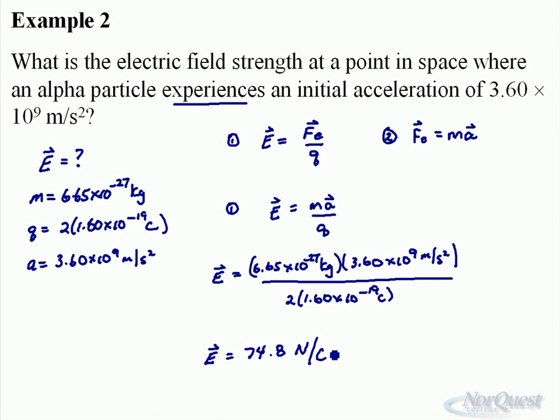You'll see very quickly that gravitational fields and forces are incredibly small compared to electric fields and forces. You don't need a very big mass to get a really strong electric field strength. But to get a really strong gravitational field, you need a huge mass, Earth-sized masses, to get very strong fields.